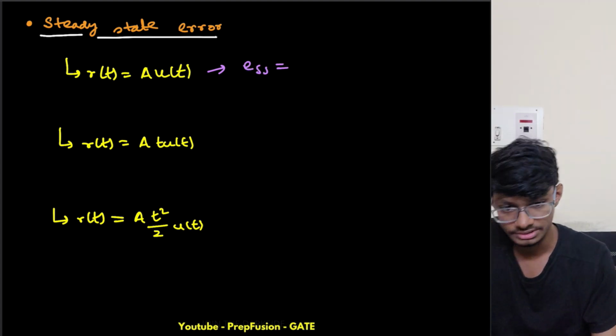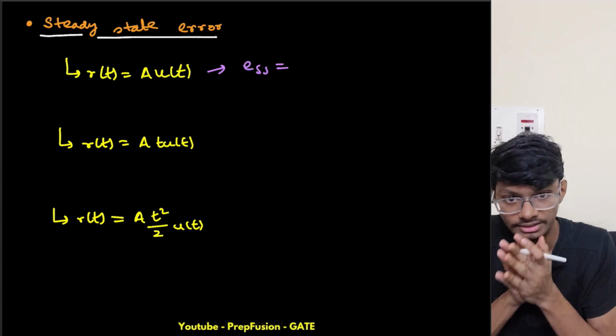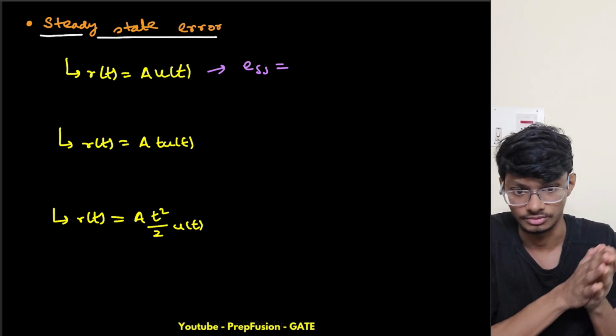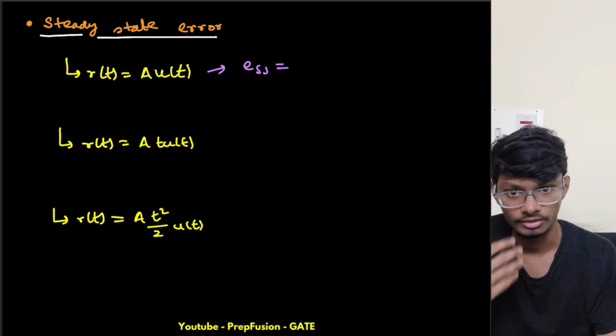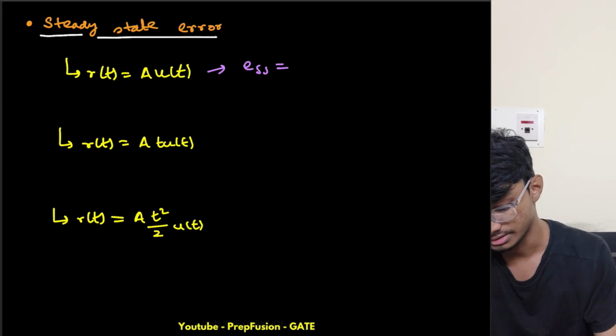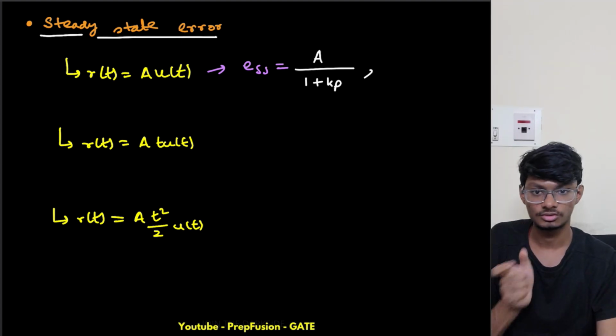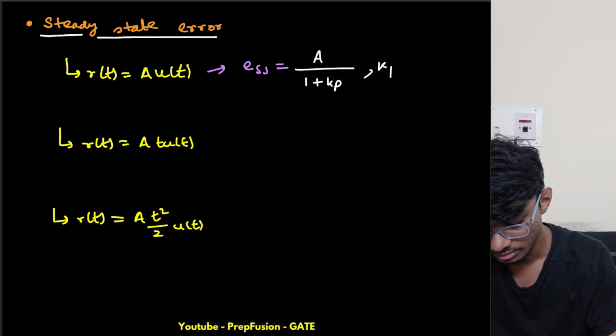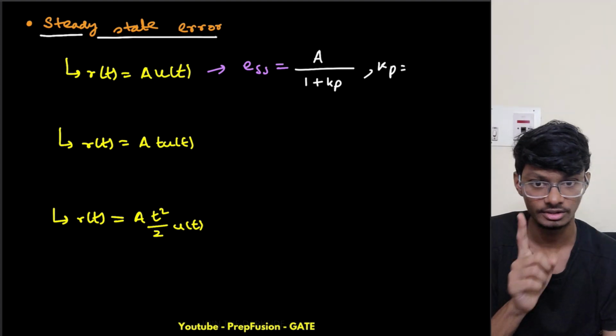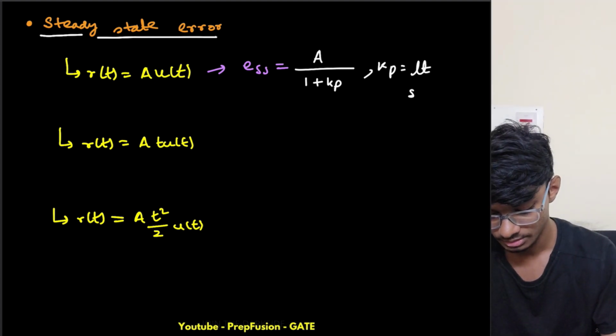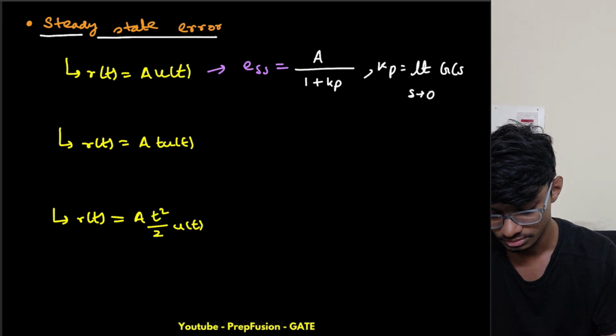I will write the steady state error for a type 0 system. I will come to type also, but let me first write the steady state error for a step input. This is 1 plus Kp. So basically ESS is equal to 1 by 1 plus Kp. Kp is my position error coefficient, which is defined as limit s tends to 0 of G of s.